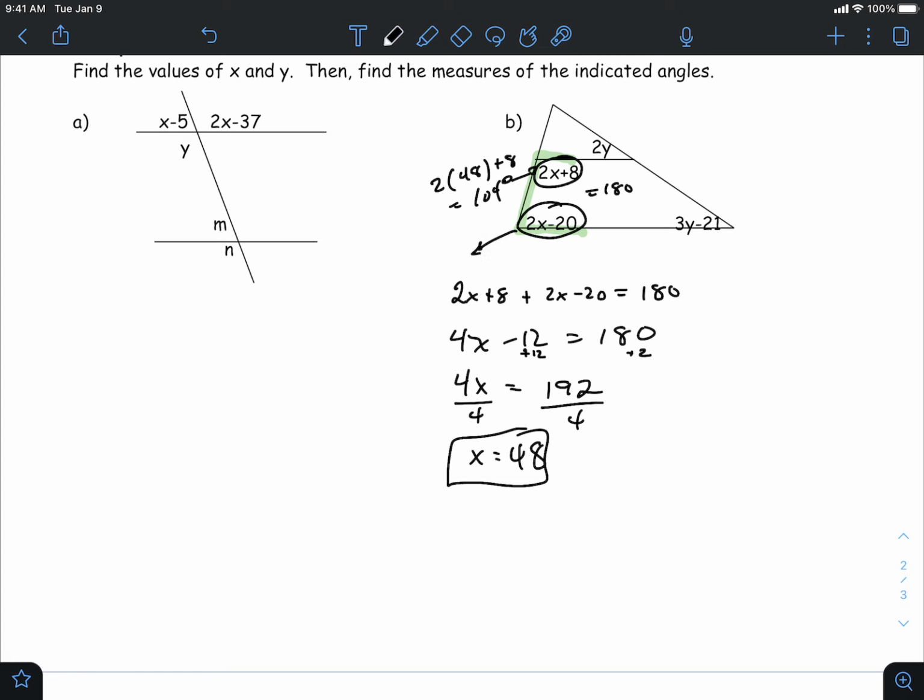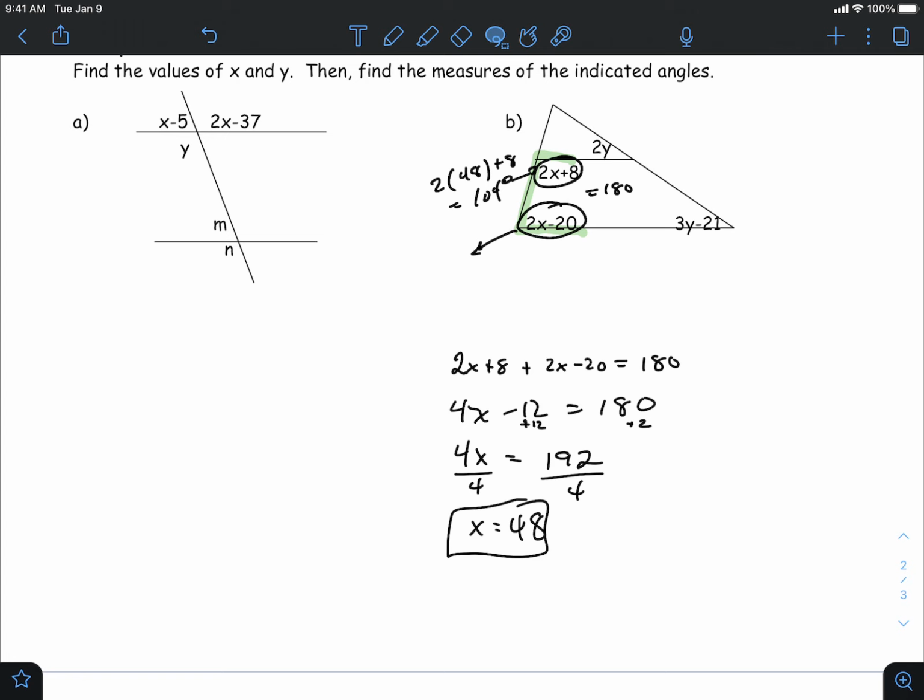And then this angle here would be, let me move this down so we don't get confused. You're going to get 2 times 48 minus 20. Be 76.